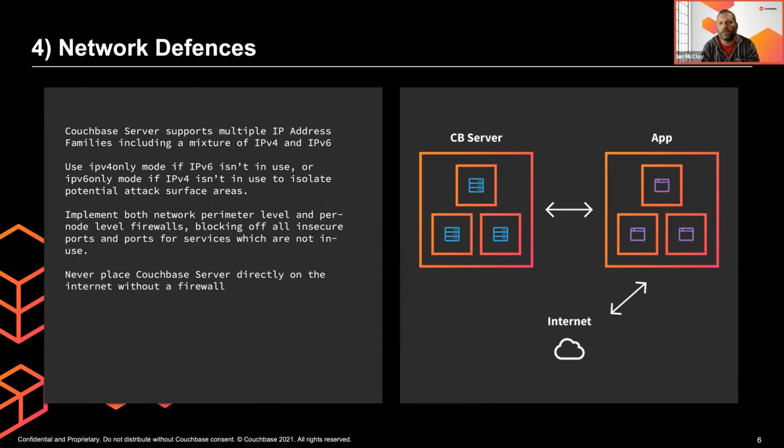Each node should have a firewall only allowing the ports for the services that are in use, blocking all the network ports for services you're not using, and blocking all the ports for unencrypted or insecure network connections as well. It's also really important to note that you shouldn't put Couchbase Server directly on the internet without a firewall. That's why you see this multi-layered structure of firewalls around your cluster, as well as firewalls on each individual node.